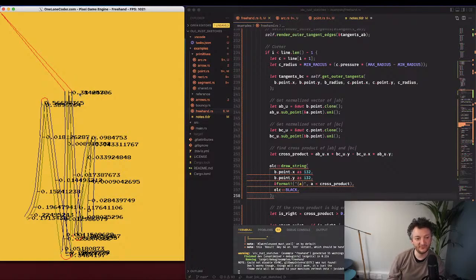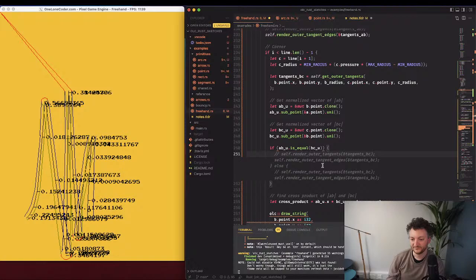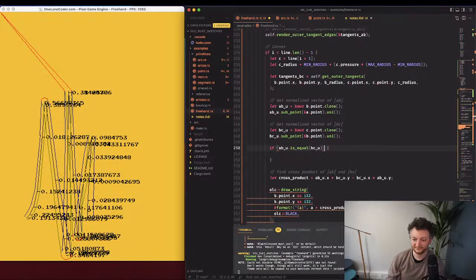The fact that there's two numbers that are almost identical, like overlapping, makes me think that it's like a divide by zero. Because if ABU is equal to ECU or something like that, or if the cross product is not a number or something like that.